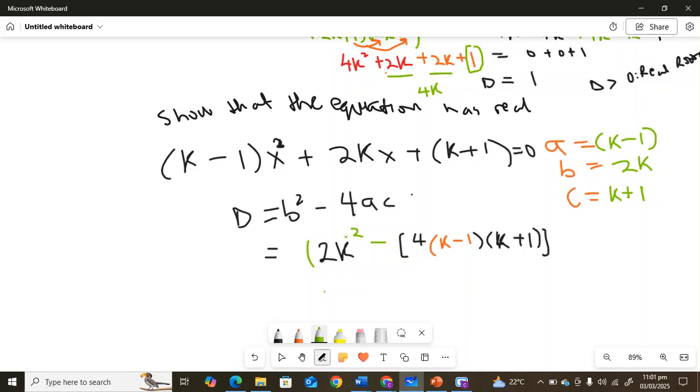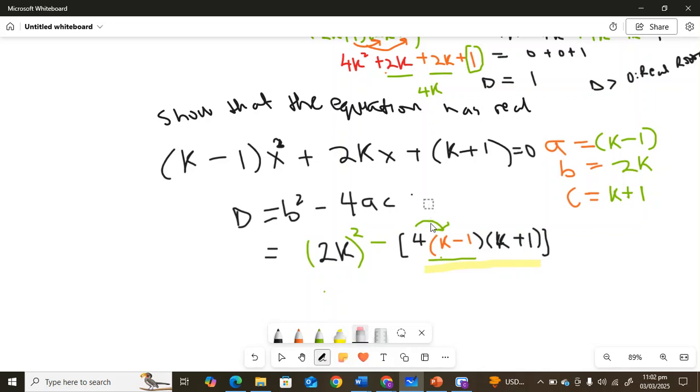We can either start by distributing this 4 through this k minus 1, and after that we expand the brackets. Or we can expand these two brackets, then distribute the 4. Either way, you're going to get the same answer.